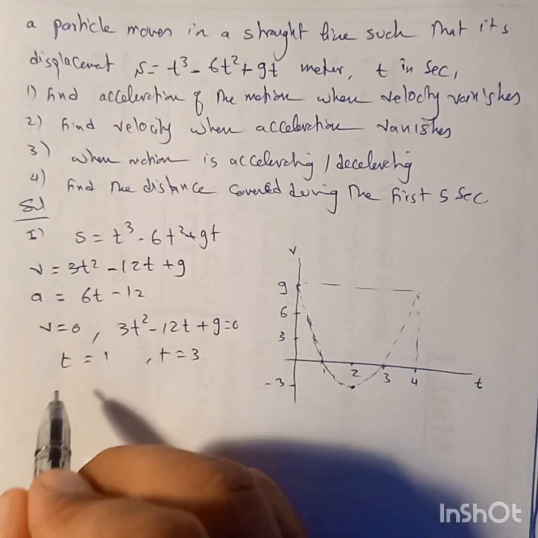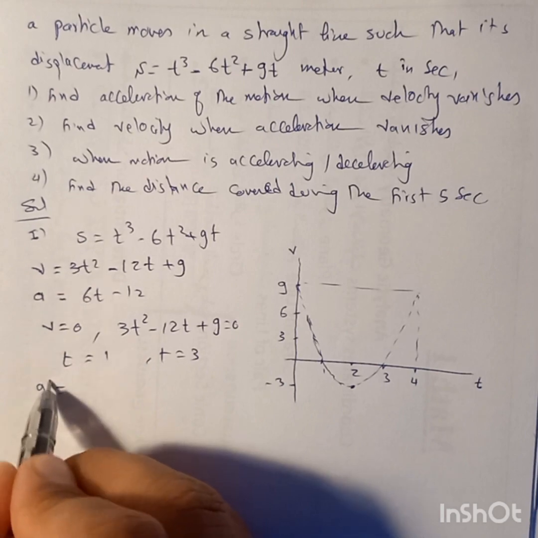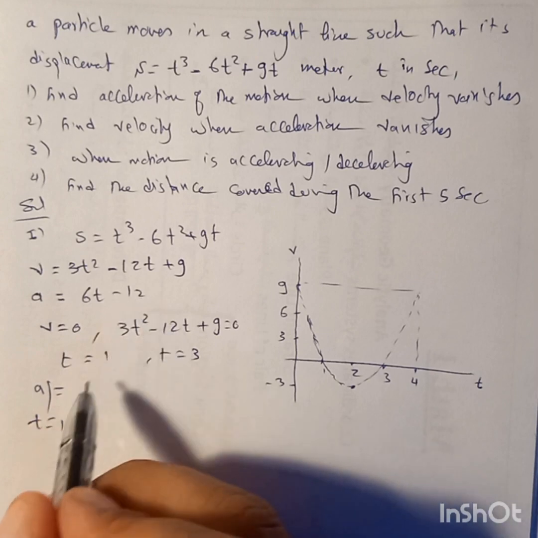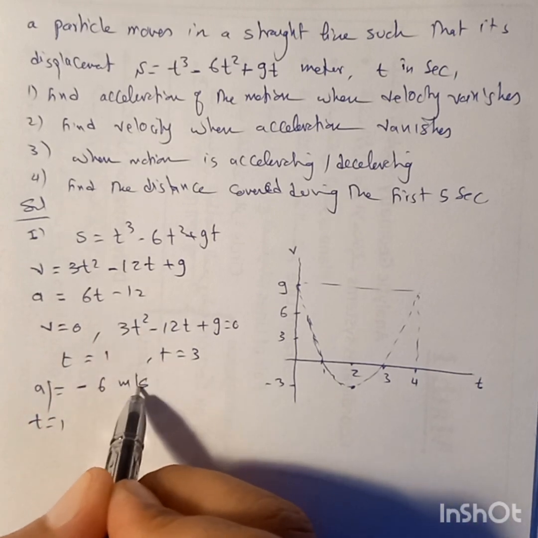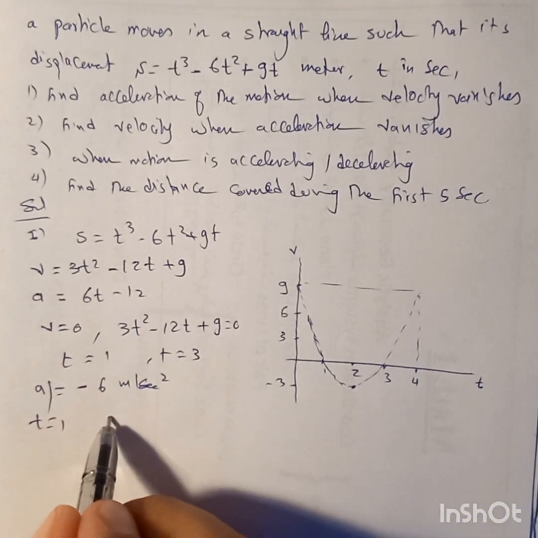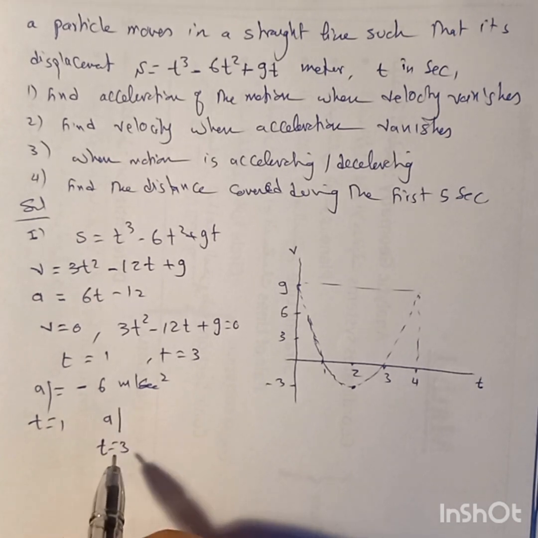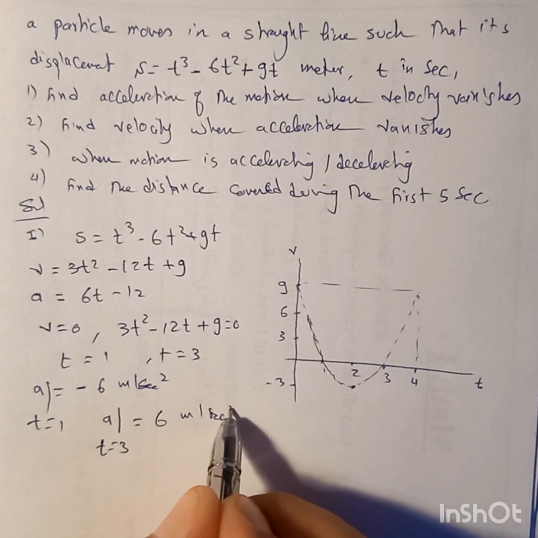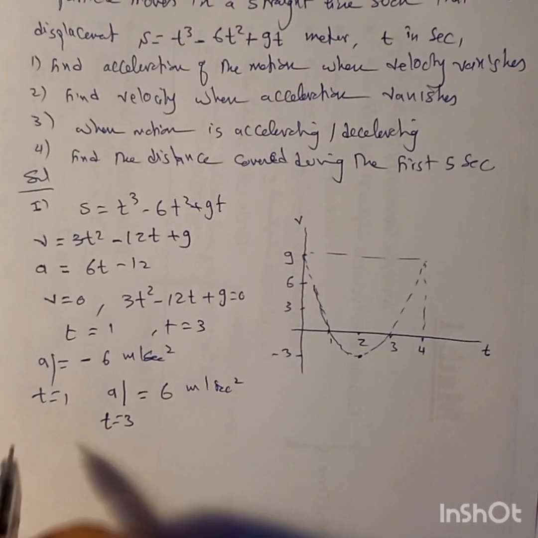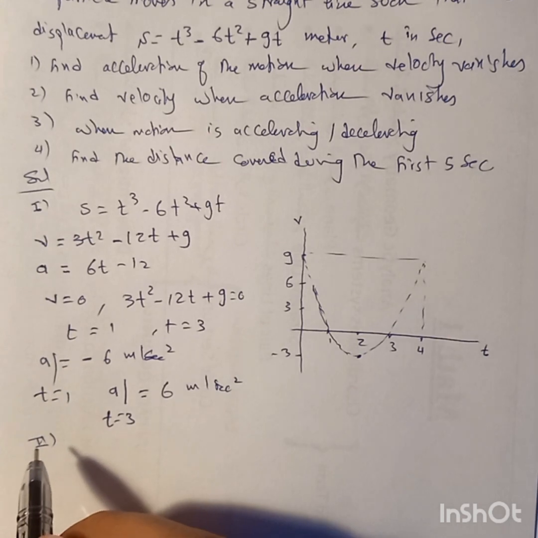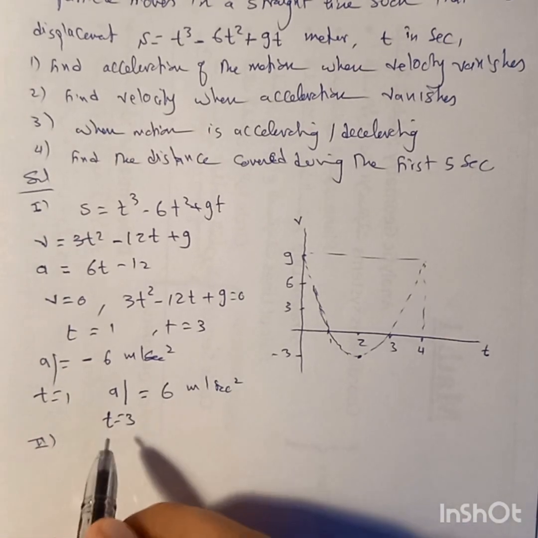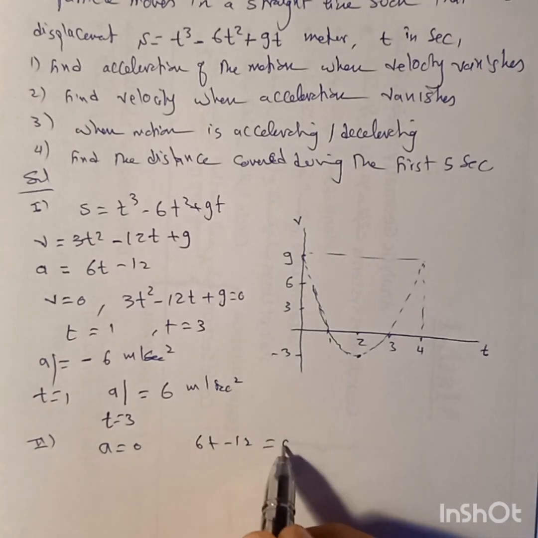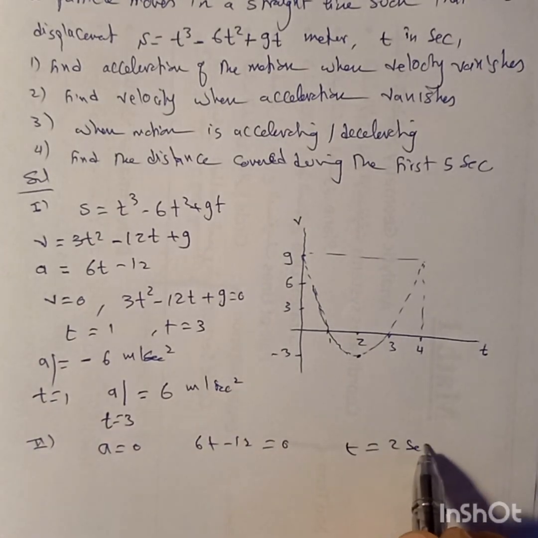Then we have two values of a. At t equals 1, by substitution, 6 minus 12, we have negative 6 meters per second squared. And at t equals 3 seconds, a equals 6 meters per second squared. For number 2, we need the velocity when the acceleration vanishes. a equals 0, then 6t minus 12 equals 0, so t equals 2 seconds.